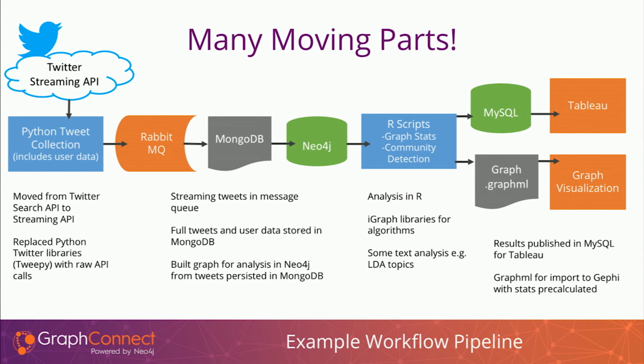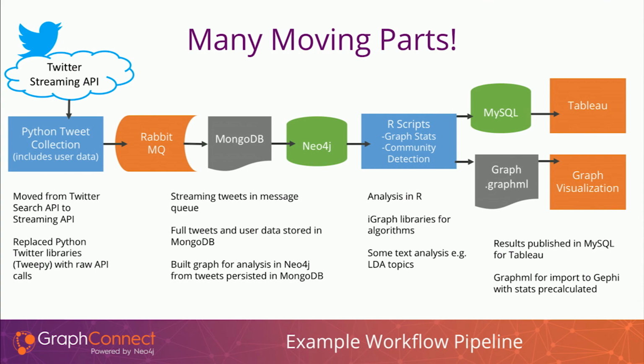He pulled the data from Twitter, stored it in a message queue, put it into MongoDB, put it into Neo4j, extracted it out of Neo4j, put it in R, computed something, put it back into Neo4j, took it out of Neo4j again. So several iterations there, and then he put it into MySQL to visualize it in Tableau, or he exported it as GraphML to visualize it in Gephi. So it's a quite complex workflow, as you can see, right?